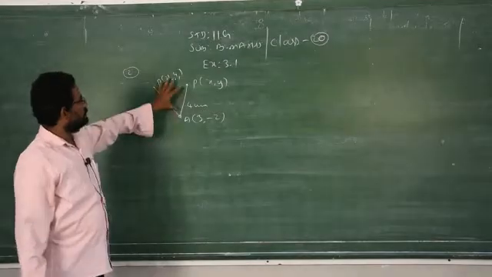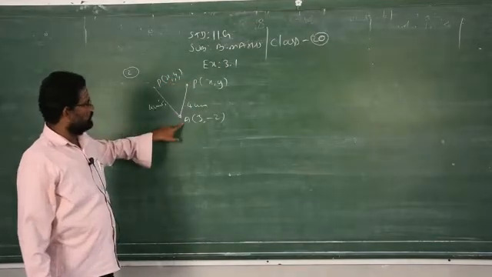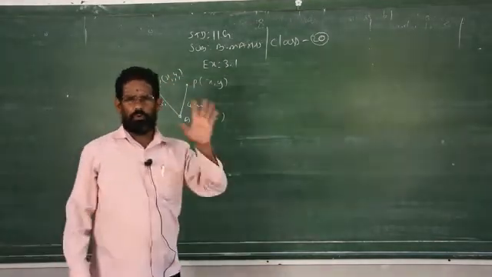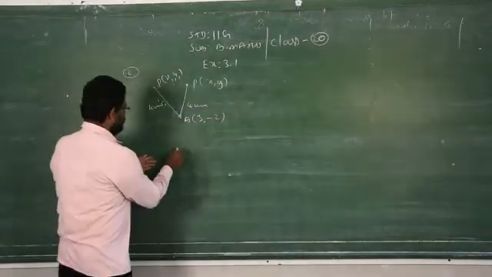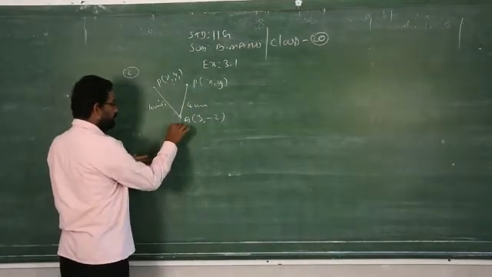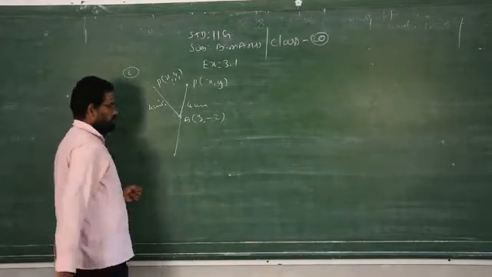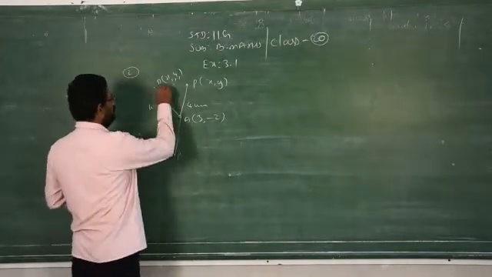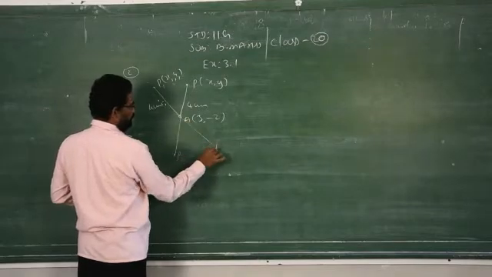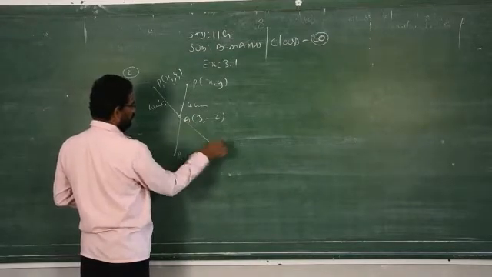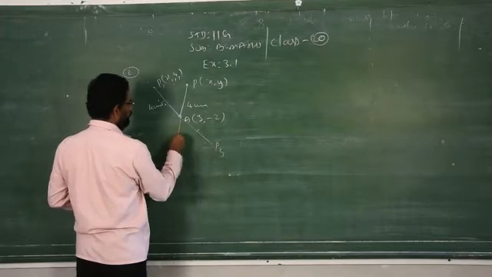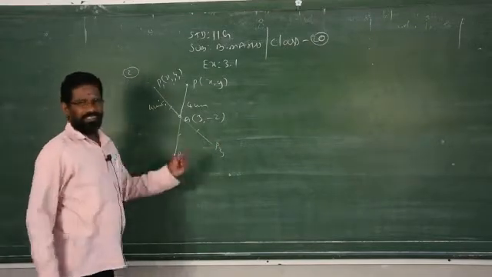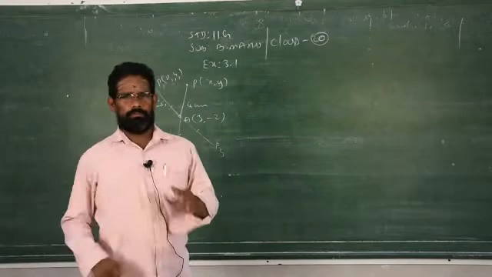The moving point will go anywhere, even come here also. But when you measure this distance, let us say there is P1, P2 and P3, wherever you go, the distance between the fixed point and the moving point is always how much? 4 units. That is given in question number 2.